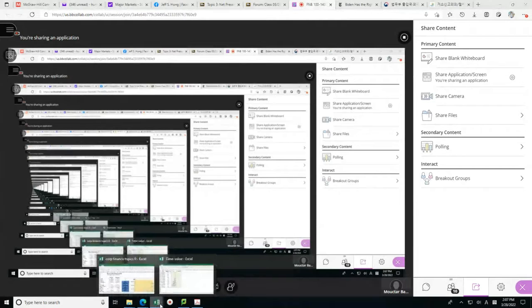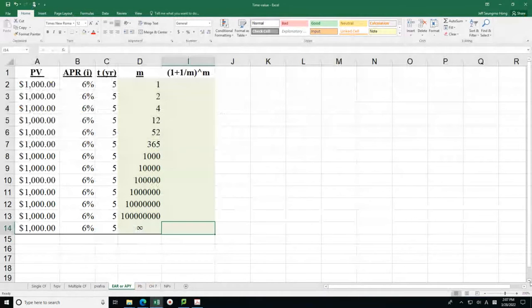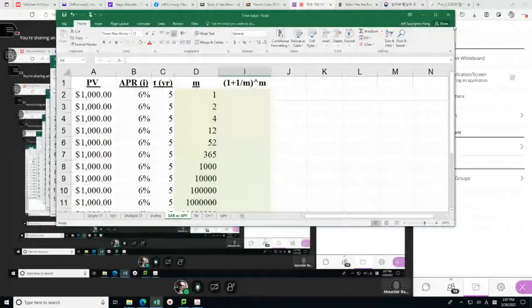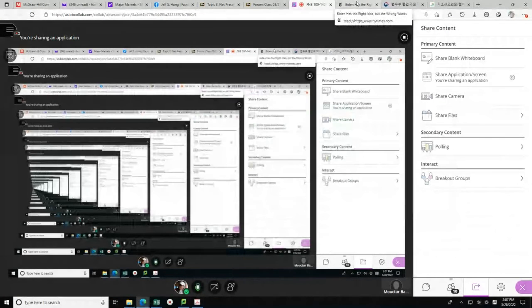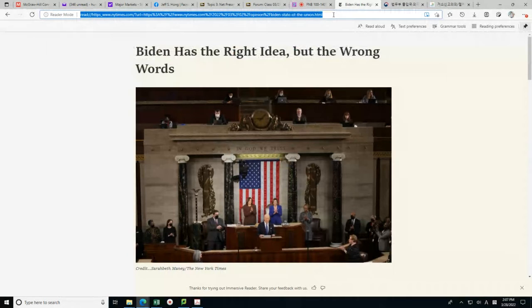I'll just have to use the, okay, I'll have to use Excel. And hopefully now. So we were talking about the, oh, it doesn't allow me to draw. I cannot draw on this. This is a problem. Okay, let me try.